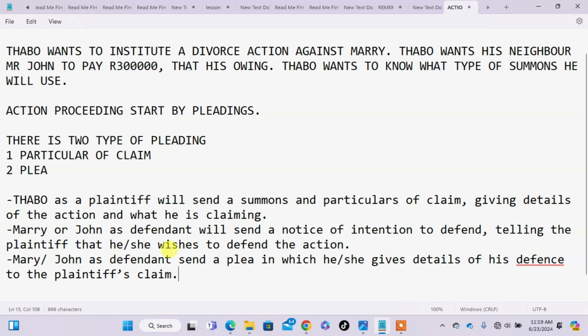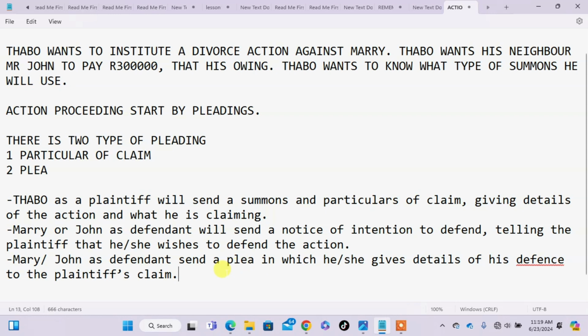Mary will have to defend such an action, will have to send a notice to the court of intention to defend the matter. Then they have to write something we call the plea, in which they give details of their defense, whether they are accepting some of the things contained in the particular of a claim, or they are opposing. They have to send what we call a plea.